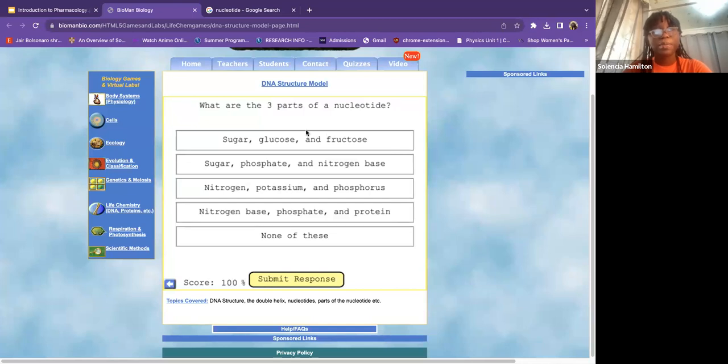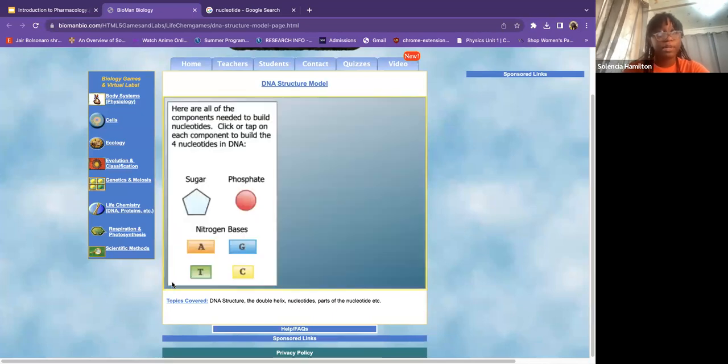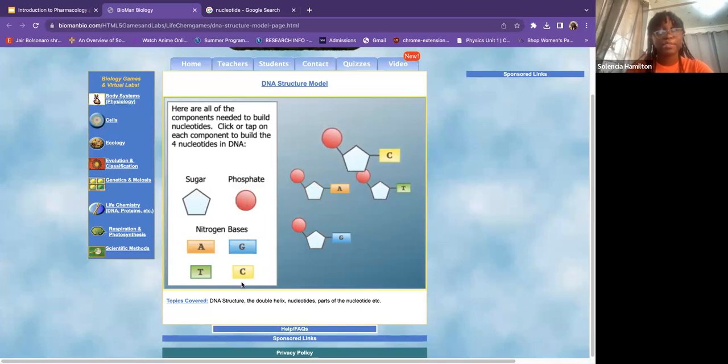So what are the 3 parts of a nucleotide? Let me go back to before. Maybe that was a little bit too fast. So sugar, phosphate, and a base.